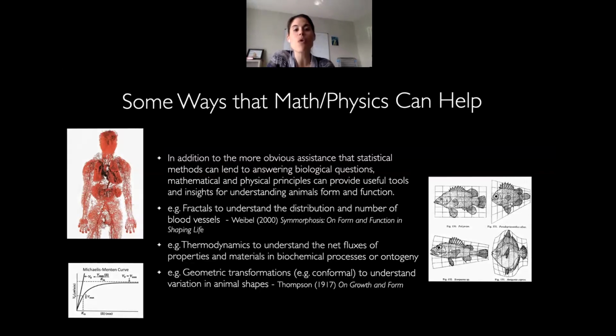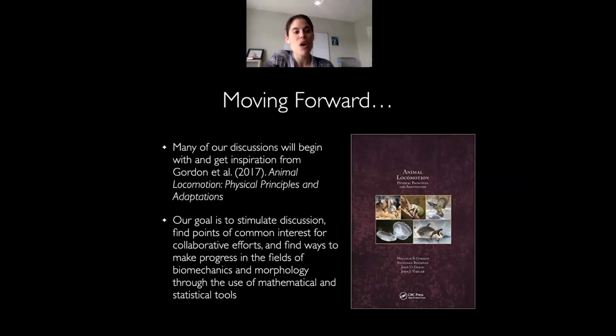So moving forward in these working groups, many of our discussions are going to begin with or get inspiration from this book. This is what I structured my talk off of, the first chapter. This is Animal Locomotion, Physical Principles and Adaptations by Gordon et al. We're going to be piecing together some lectures from the materials as we move forward.